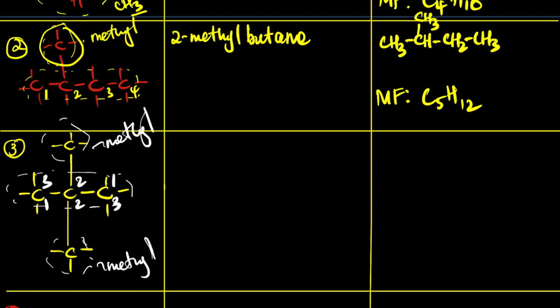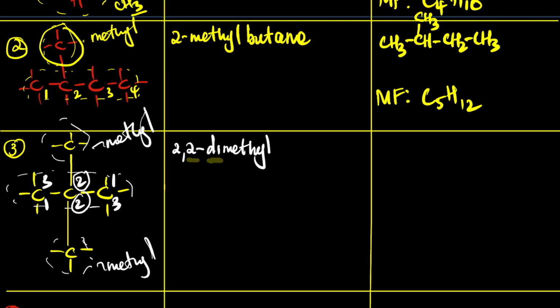So for the name of this one, we start with the branches. It's 2-methyl. They're both allocated on carbon 2 and 2, so it's going to be 2,2, and dash. And then since there are 2 methyls, you need to say di. Di means 2, right? Dimethyl. That means there are 2 methyls, one in carbon 2 and another one in carbon 2.